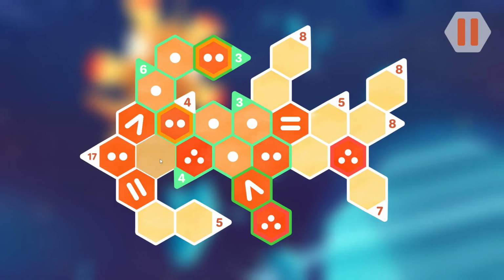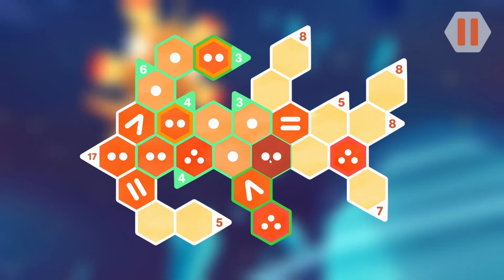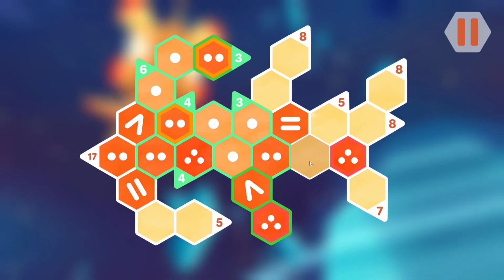Let's look at this 4. We have 2 remaining. Let's look at this row. It's 4, 7, 8, 10, 13. So this is supposed to be 4. How did that happen?